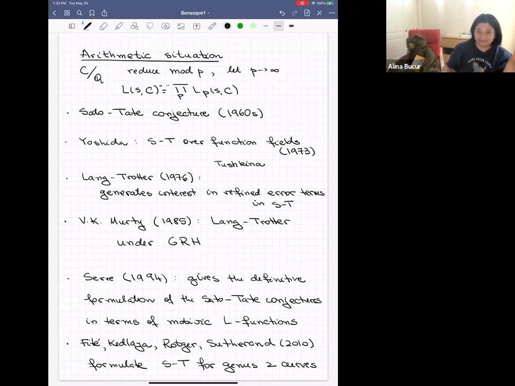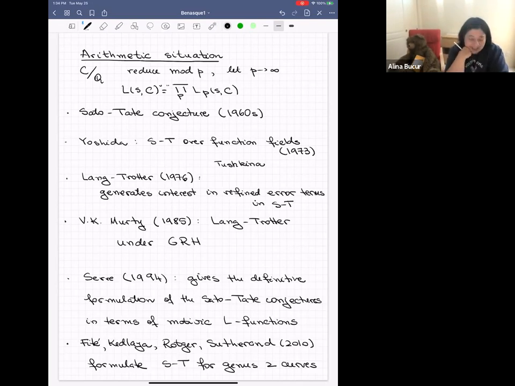I assume is a woman given the name, but I don't know. So the takeaway is that the first numerical simulations of Lang-Trotter were done on Soviet computers, which I find interesting, to say the least.